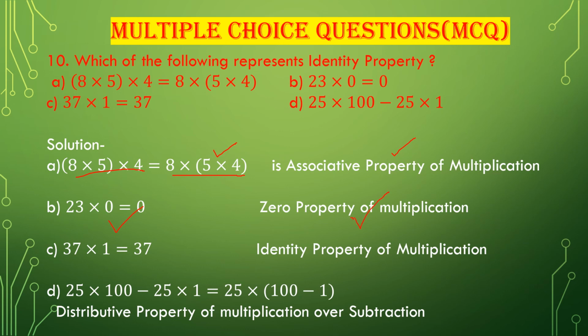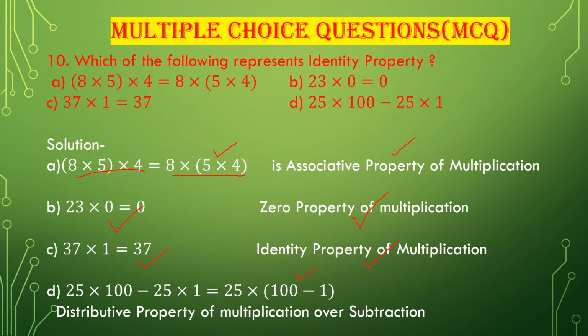C, 37 multiplied by 1 equal to 37, and this is the identity property of multiplication in whole numbers. 1 is the multiplicative identity of whole numbers. D, 25 multiplied by 100 minus 25 multiplied by 1 equal to 25 multiplied by (100 minus 1). 100 minus 1 is inside the bracket.